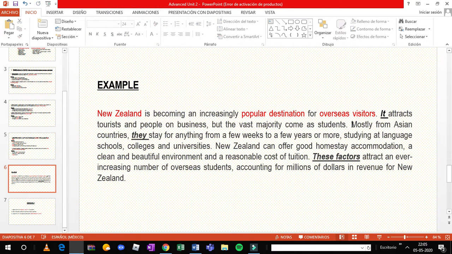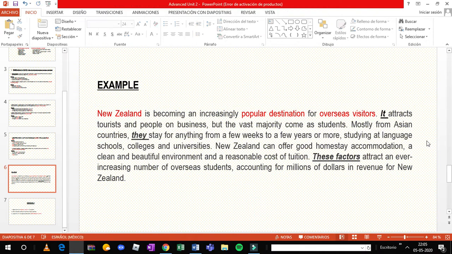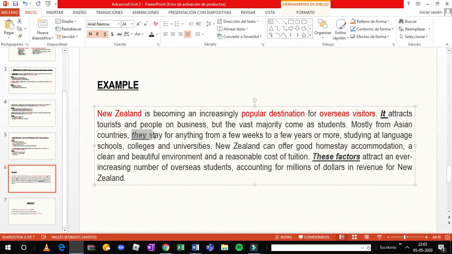Siga. Mostly from Asian countries, they stay for anything from a few weeks to a few years or more, studying at language schools, colleges, and universities. En este caso, ¿cierto? Por lo tanto, they. ¿A qué se puede referir?